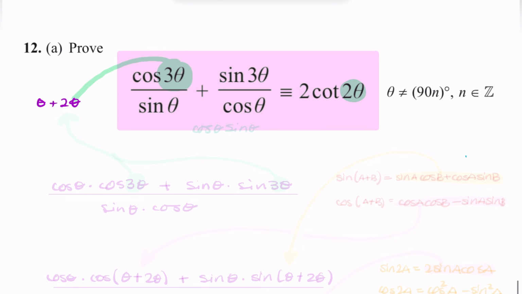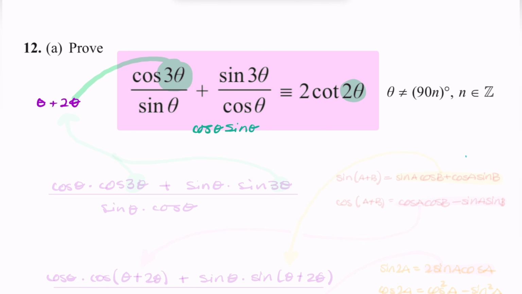Now, I suggest the first thing we do is look for a common denominator so that we can add the two fractions. So it looks like the sine and the cosine will result in a common denominator of cosine theta, sine theta.